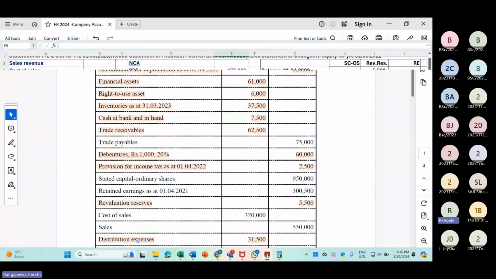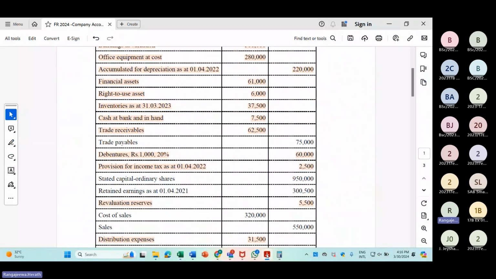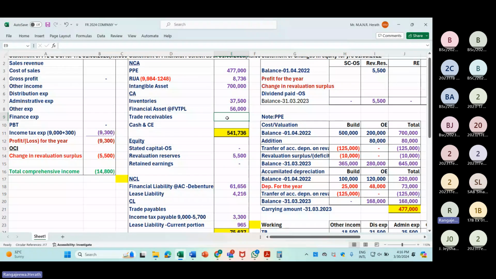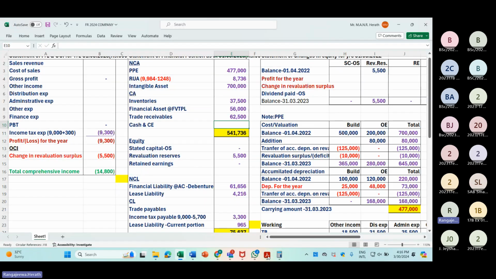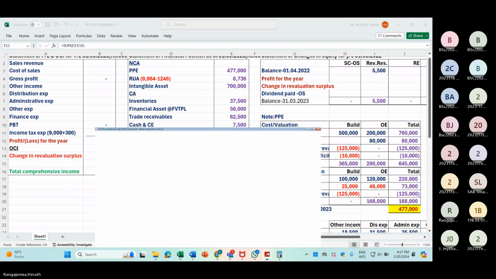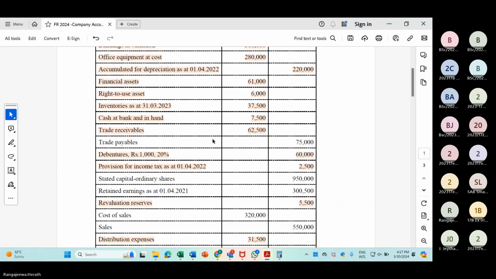Trade receivable 62,500 and cash 7,500. Then trade payable 75,000.